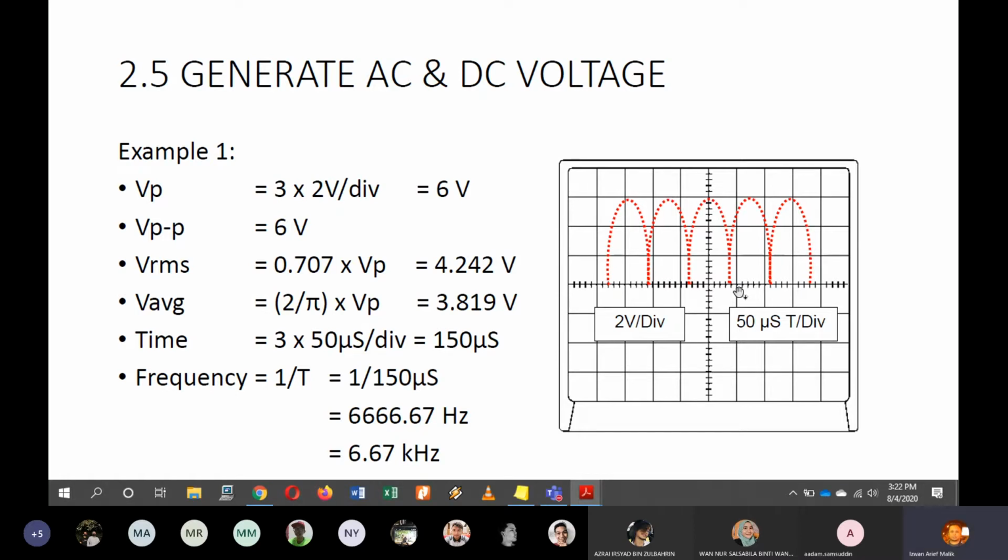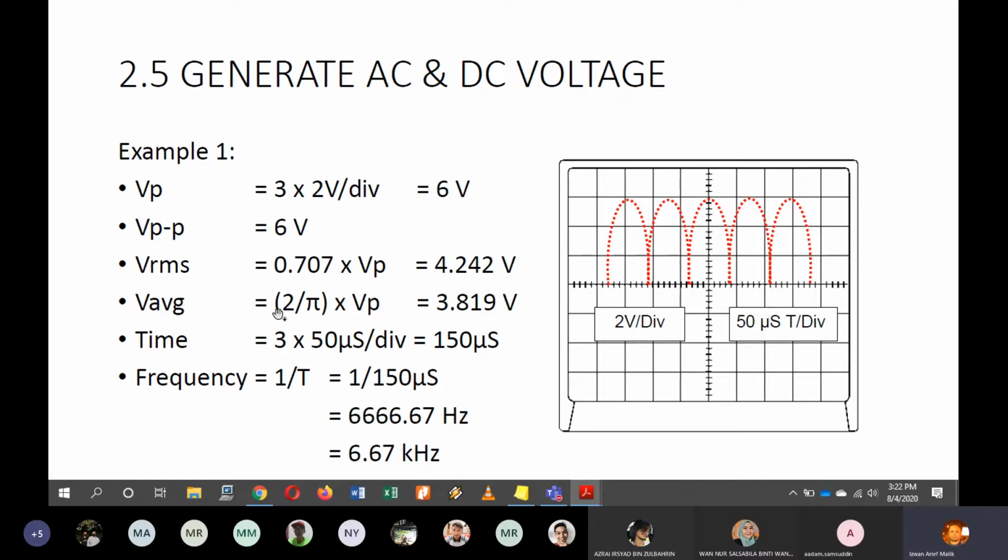So it means that the peak to peak is just from the zero value of the voltage until the peak value. Unless the waveform comes from the positive side and then goes to the negative side, then the V peak to peak will be double the value. If it is like this, then the V peak to peak is still equivalent to the V peak. Okay, so VRMS is 0.707 multiplied with V peak, which is 4.242 volts.